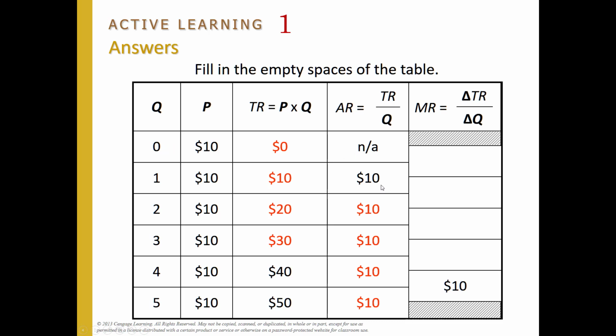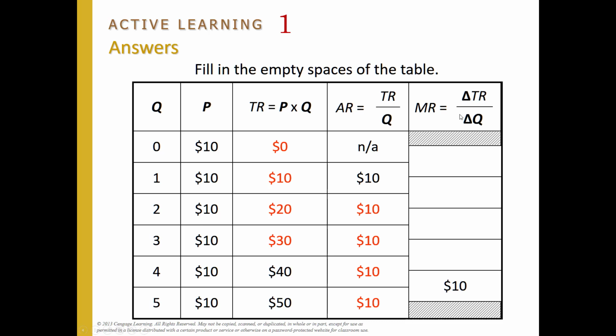But when quantity equals 1, price times quantity is 10, then you divide by 1, it is 10. Average revenue is constant, and the reason is prices are constant. But that's not what really matters here. What matters here is the marginal revenue. As you see, the marginal revenue will also be constant because of perfect competition.